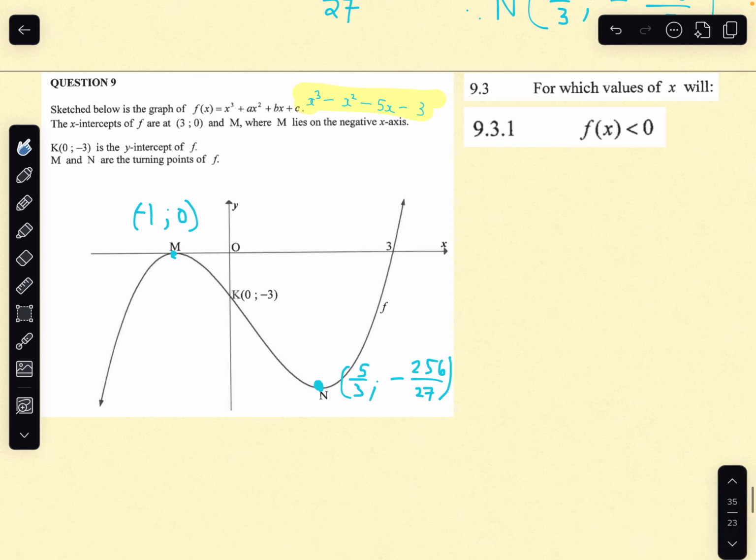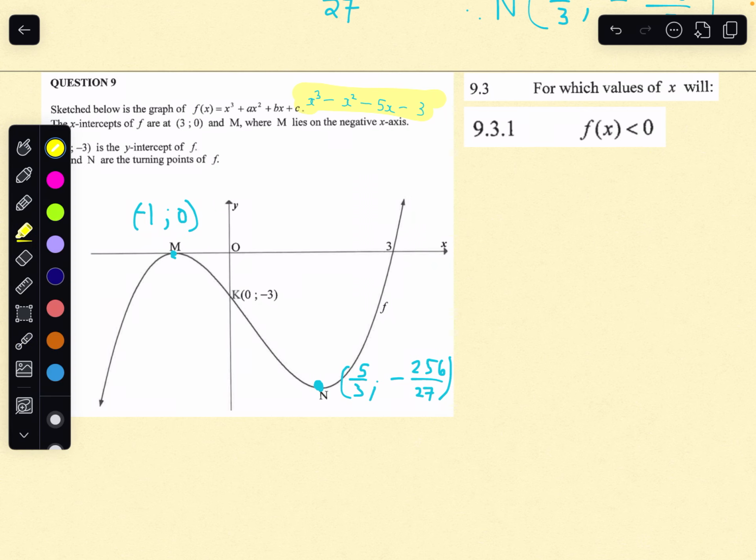So the next question says, for which values of x will f of x be smaller than 0? So these are the parts of the graph that we are concerned with. Because from this x onwards, we just get positive values of f of x. So only for these x values do we get negative values of f. So we could say when x is smaller than 3.